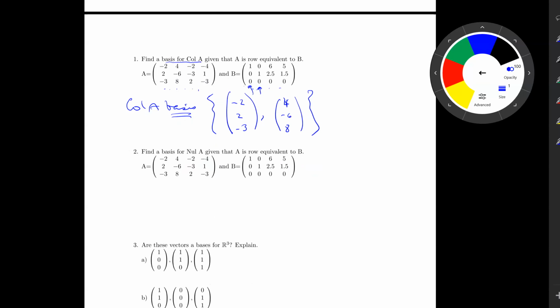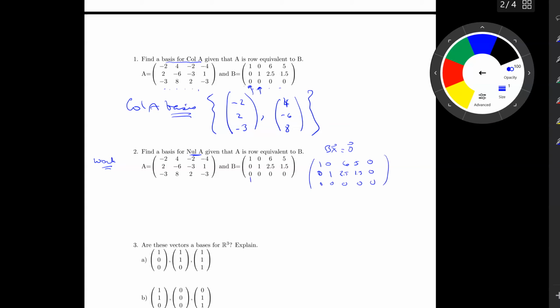All right, so remember, Col A was the easy one to find. Nul A is the one that takes much more work. I'm telling you that this is the reduced echelon form. If I'm going to solve Bx equals 0, because that's what Nul A means, I'm going to have, let me write the matrix down so you see, 0, 1, 2.5, 1.5, and then a row of zeros.